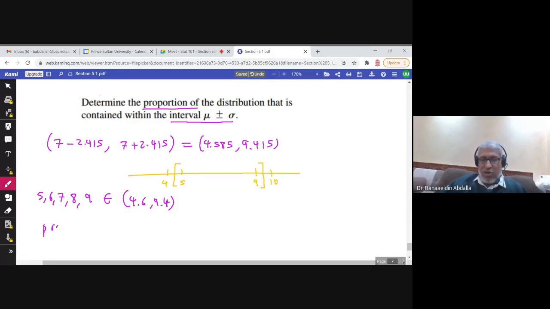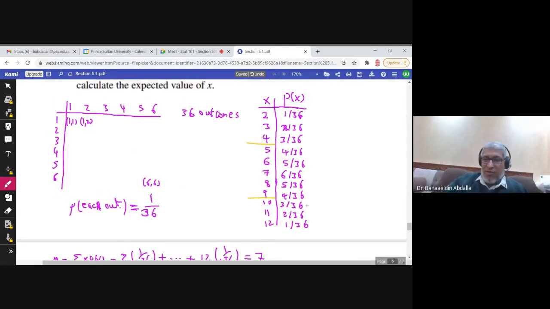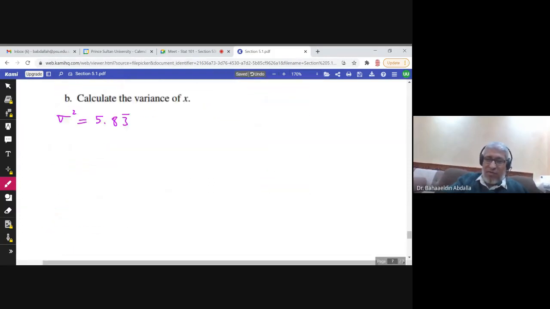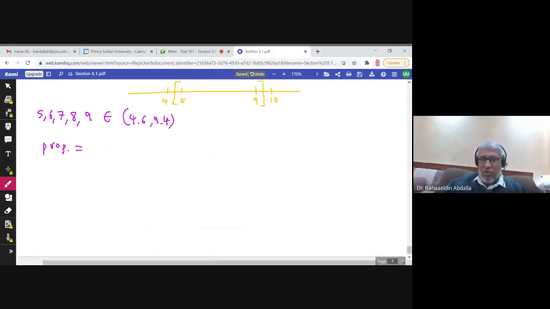The proportion of the distribution would be the probabilities of these numbers: 4 over 36 plus 5 over 36 plus 6 over 36 plus 5 over 36 plus 4 over 36. 5 probabilities or proportions.